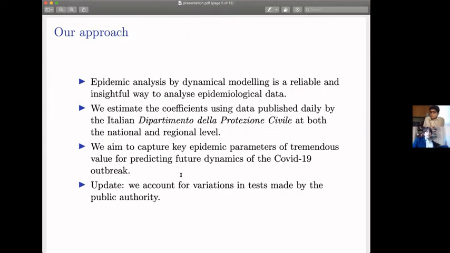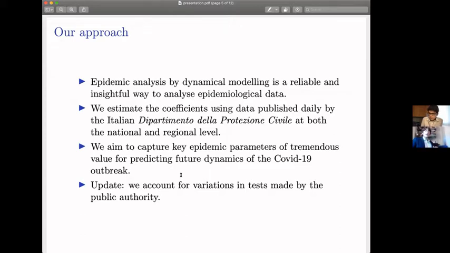Now moving on to the next point, I'd like to explain our approach to epidemic analysis. We apply a mathematical dynamic model aiming to estimate epidemic parameters and dynamics in order to offer a forecasting tool for the evolution of the outbreak. Among mathematical models based on differential equations, the classical SCION model and its extensions are the most widely adopted ones.